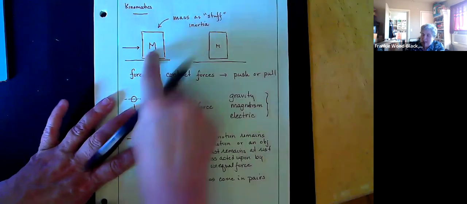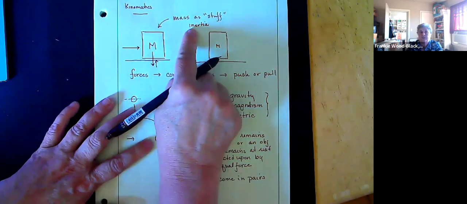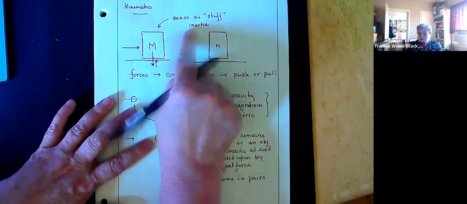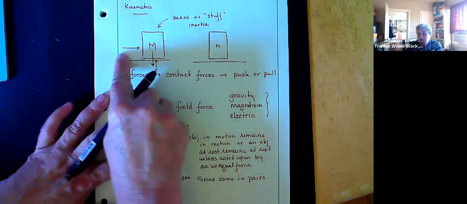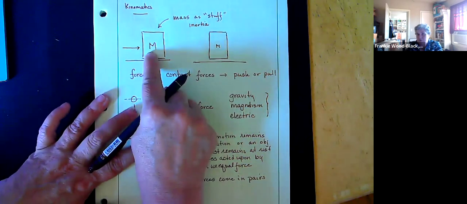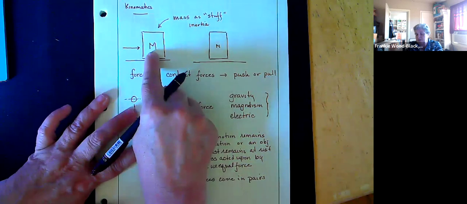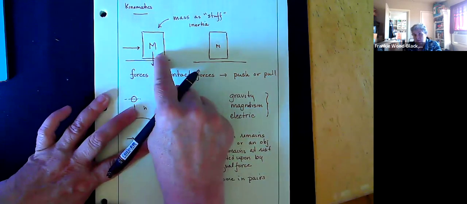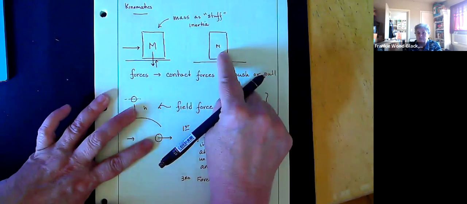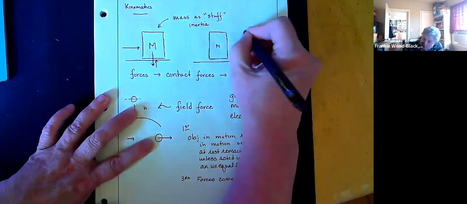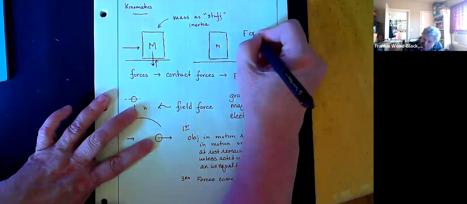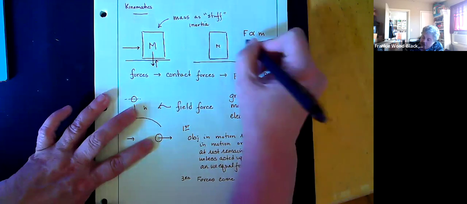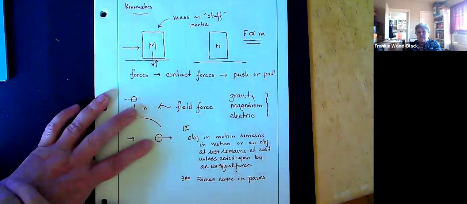The more mass there is, the more inertia there is. So I'm going to have to apply a bigger force to get this mass moving than I would over here, because there's more stuff here than there is over here. So force is directly proportional to mass. This gives us our idea of inertia.